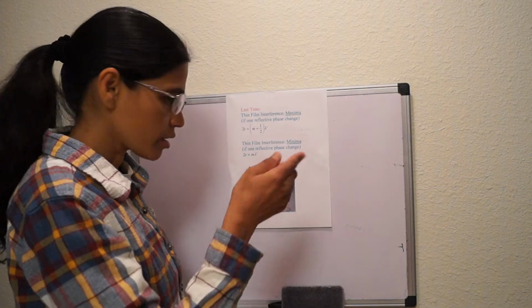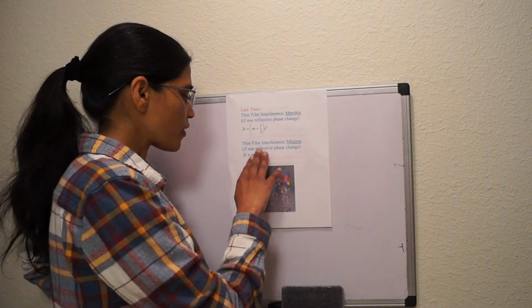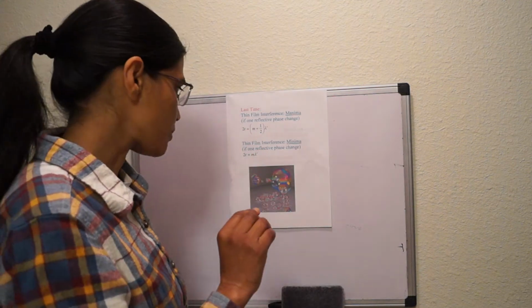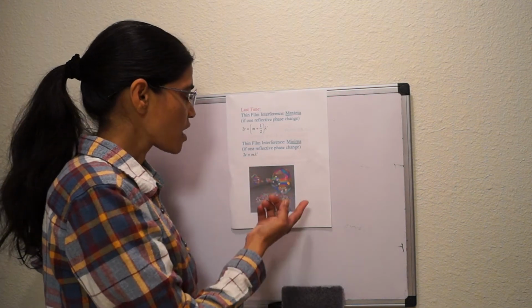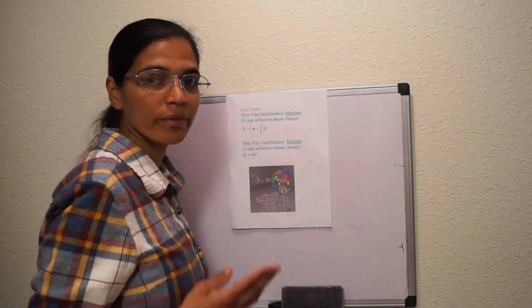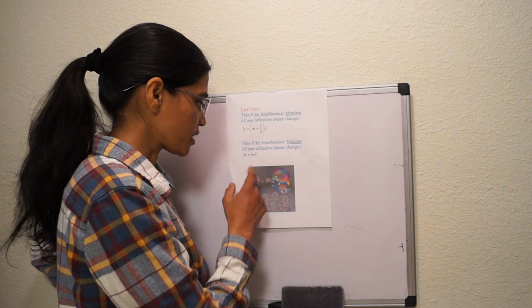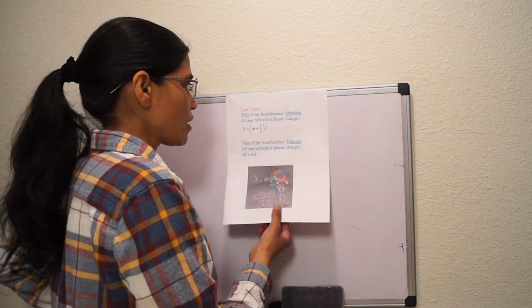Thin film interference minima occurs if there is only one reflective phase change, and then 2t equals m times lambda dash. Again, remember this lambda dash is the wavelength of the light in a material, not in the vacuum.